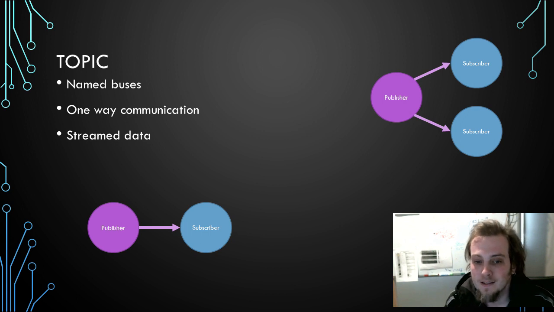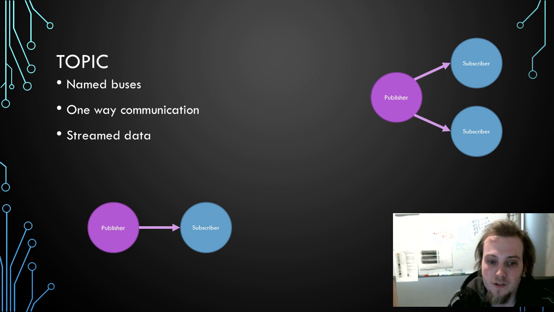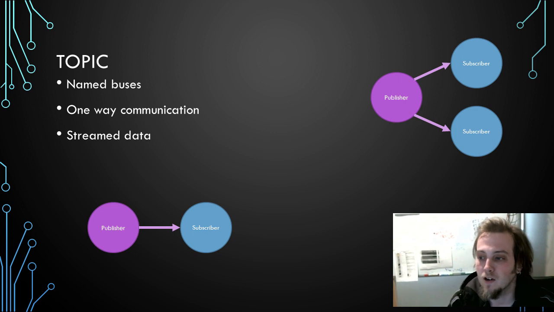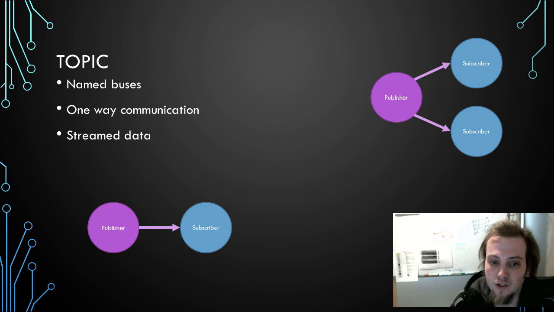And these topics that are published and subscribed by nodes are all anonymous. So this means the nodes are not concerned with which node they are communicating with, rather the data of the topic. Further, topics are unidirectional, meaning one way, and they're also streaming, meaning that there's a constant flow of data.